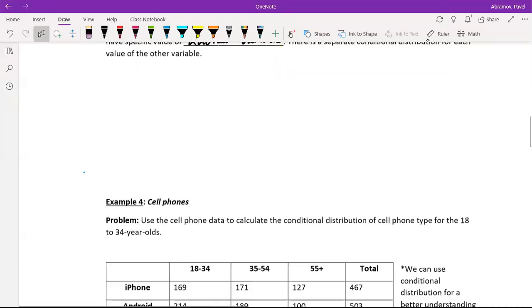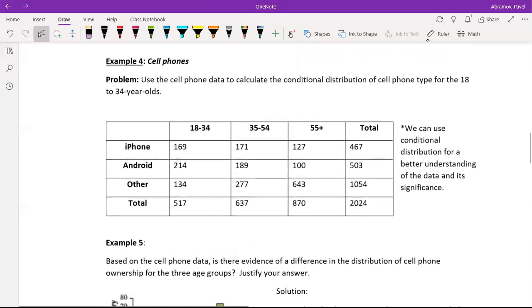So let's look at our table again, using the same data, but now we're going to calculate the conditional distribution of cell phone types for 18 to 34-year-olds. So the younger generation, let's see how the different cell phone types are distributed among them.